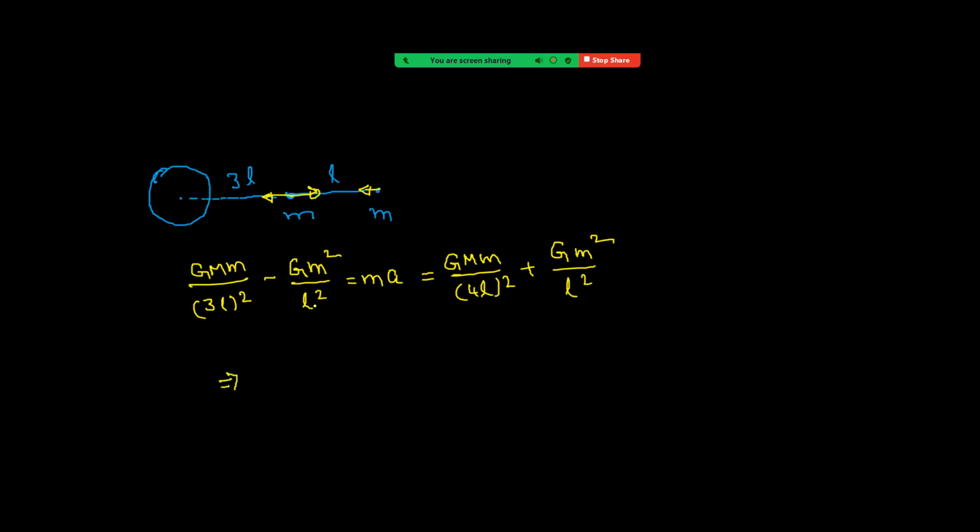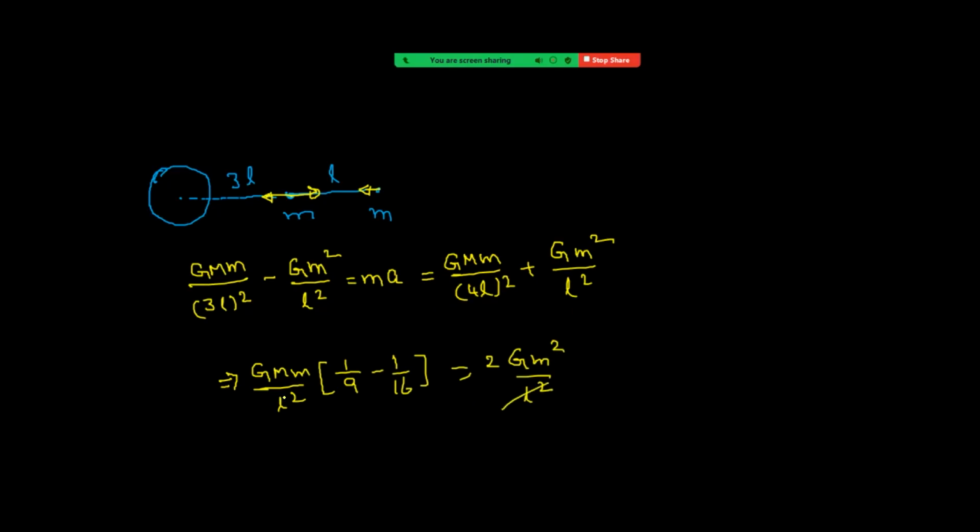Now simplify this, taking this one to here, and this is now here. I am taking G m and taking L square outside. Remaining is 1 by 9 minus 1 by 16. See carefully once. And I'm taking this part to the right side. It is 2 times G m square by L square.